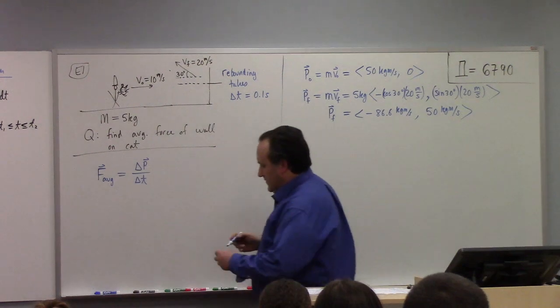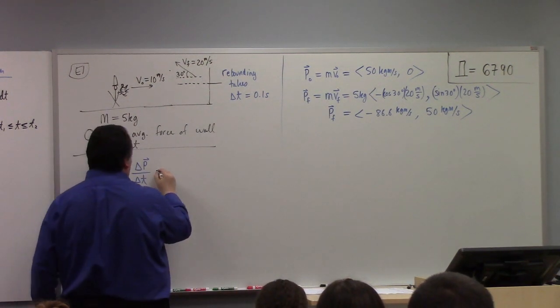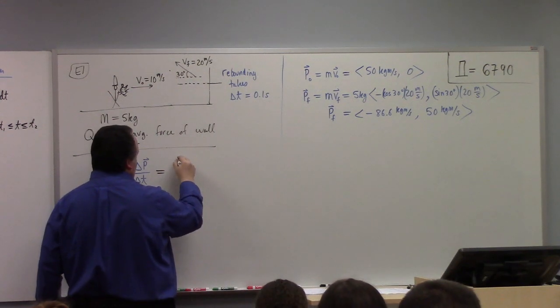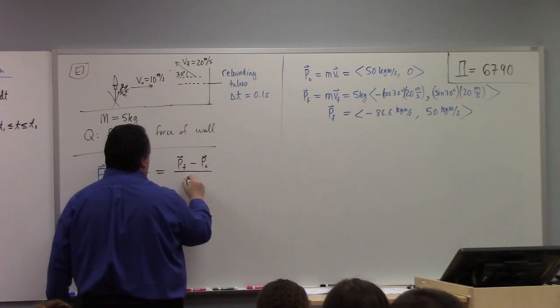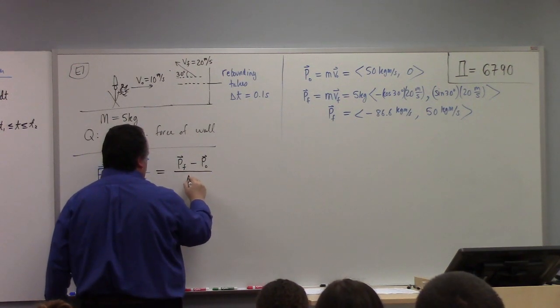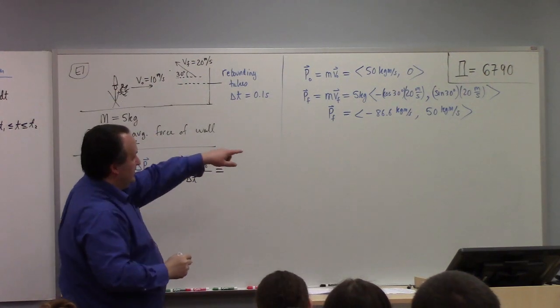All right, so we got that. Now we can calculate the average force. What we do is the final momentum minus the initial momentum here, divided by my delta t, which is 0.1 seconds. So subtract, right?